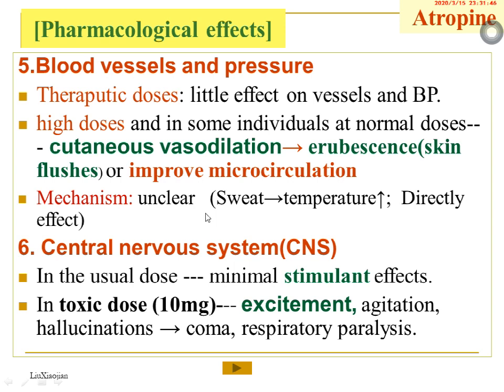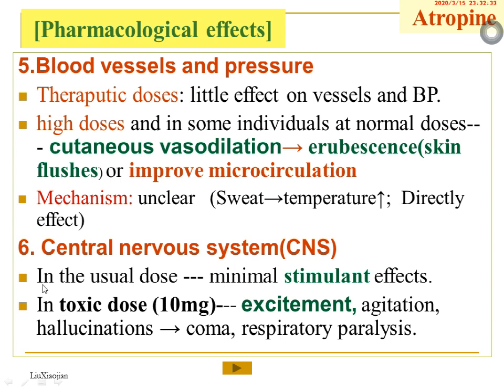So this cutaneous vasodilation is a compensatory response of the body, which can increase heat release. Understand? And some people consider it a direct effect of atropine on the blood vessels. Yeah, just guesses, not very clear. But actually, this vasodilation is sometimes used to improve microcirculation. Atropine can also act on the central nervous system.